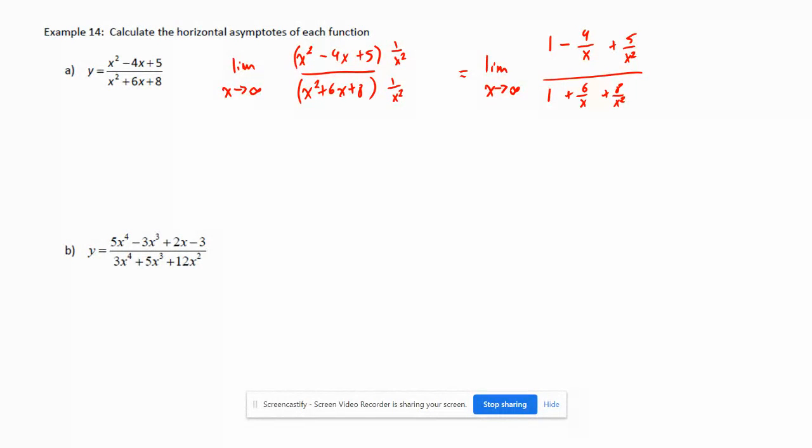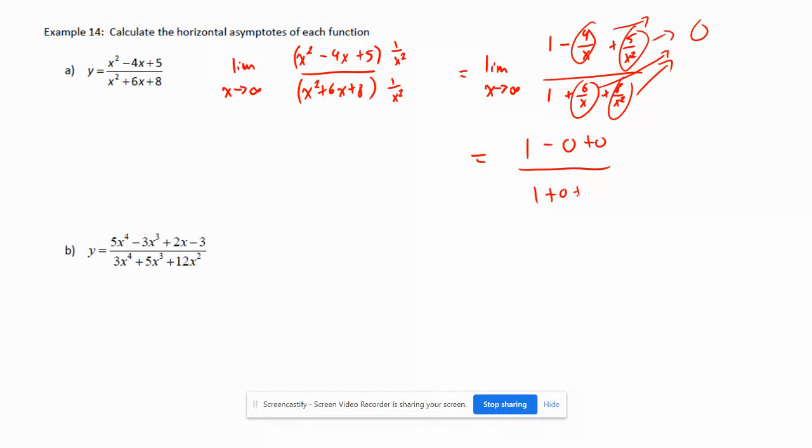As x goes to infinity, these terms all go to 0. This equals (1 minus 0 plus 0) over (1 plus 0 plus 0), which equals 1. So our horizontal asymptote is y equals 1.